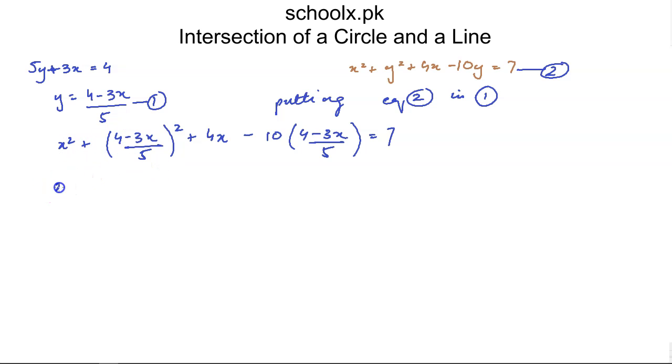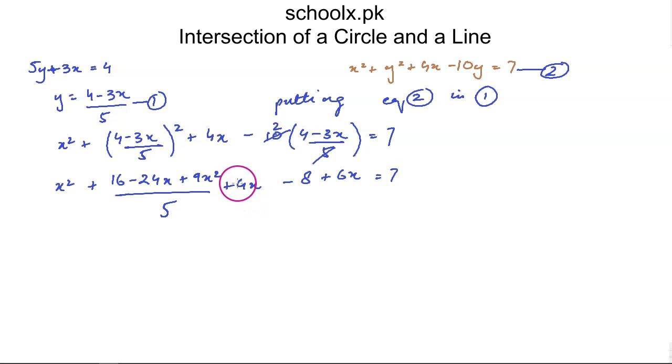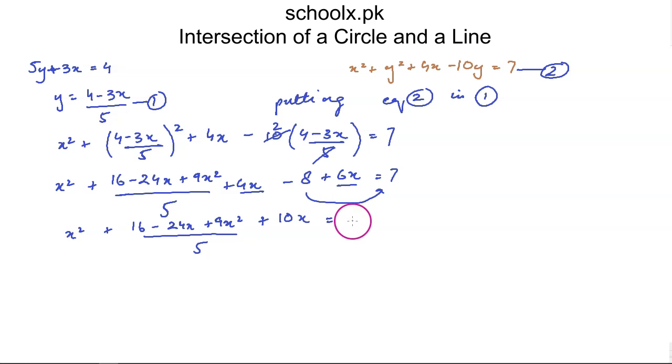From this, I'll get x squared plus (16 minus 24x plus 9x squared) over 5 plus 4x. The 10 will cancel out with the 5 by 2, and we'll get minus 8 plus 6x equals 7. Now solving this, I'll get plus 10x. So x squared plus 16 minus 24x plus 9x squared plus 10x, this thing is over 5, and the 8 when it goes there becomes 15.